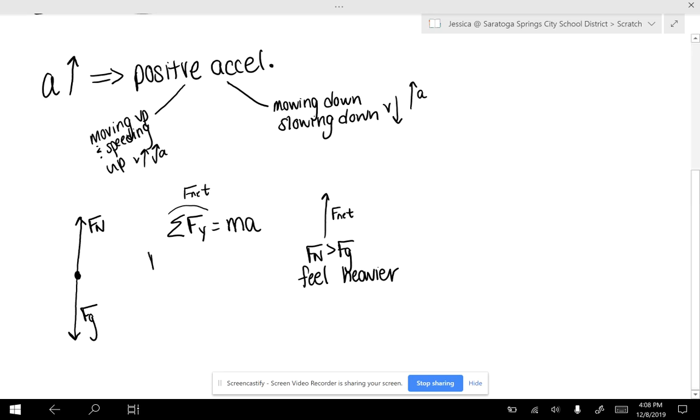So our equation would be normal force minus Fg equals ma, and to get our normal force, we would end up doing ma plus mg. And we see that our normal force is in fact going to be greater than our force of gravity because we have this additional ma term in it.